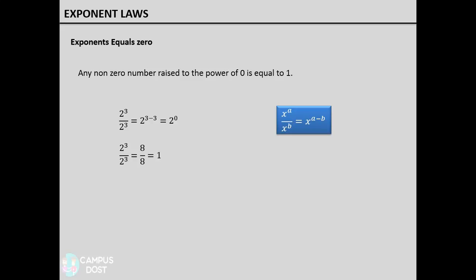So when we evaluate 2 to the power 3 over 2 to the power 3 one way, we get 2 to the power 0, and when we evaluate it in another way, we get 1. As such, it must be true that 2 to the power 0 equals 1. We can generalize this result to conclude that any non-zero number raised to the power of 0 must equal 1.